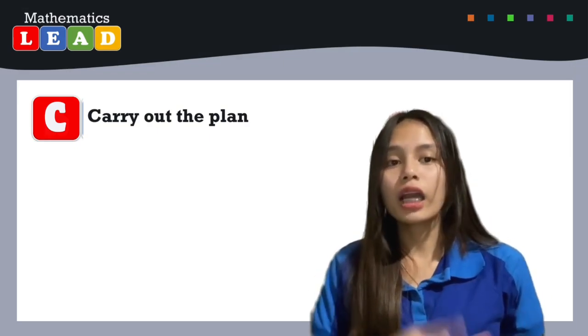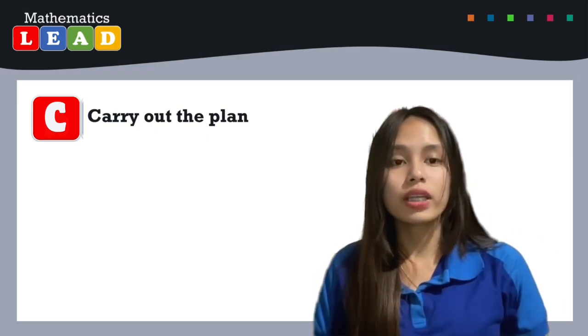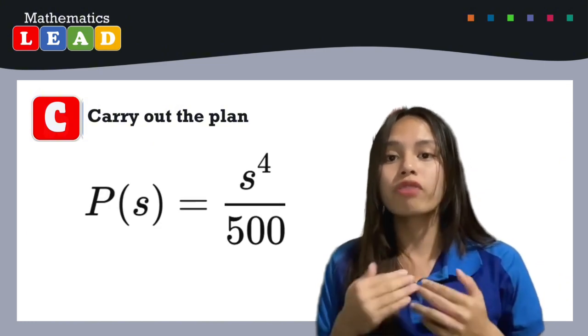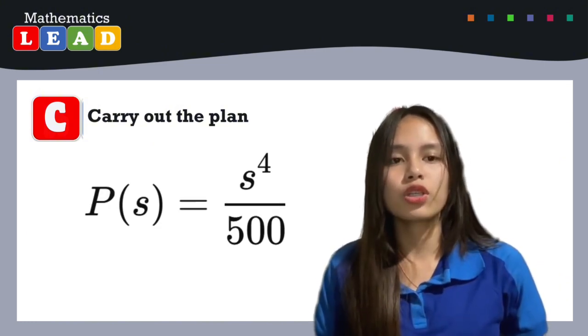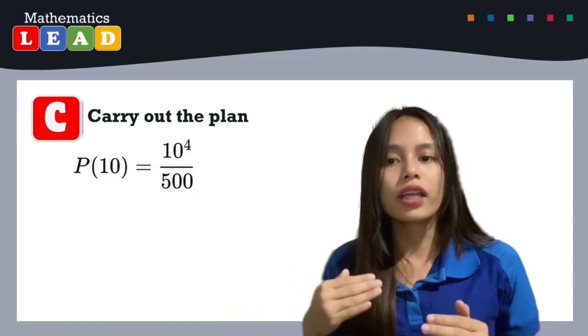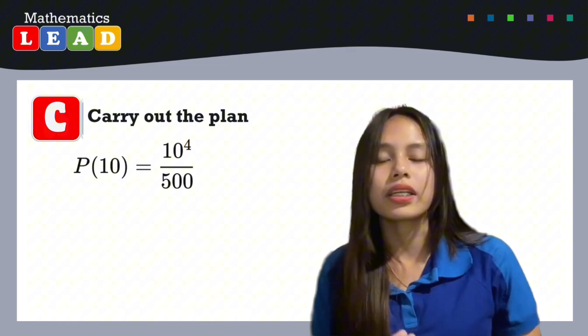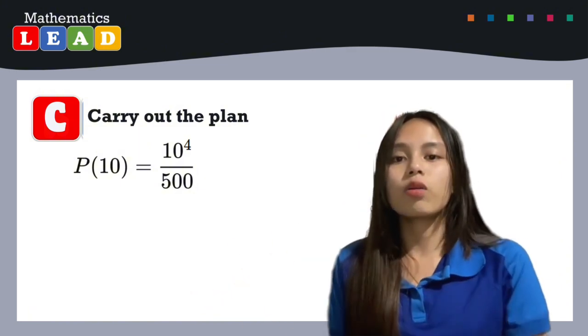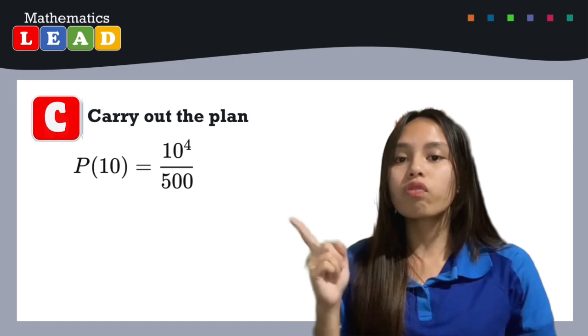We have here a while ago the formula, which is P of S is equal to S raised to 4 over 500. Now we're going to substitute the value of S, which is 10. So as mentioned a while ago, the value of the speed is 10 kilometers. That's why we have 10 here. Now, we have P of 10 is equal to 10 raised to 4 over 500.